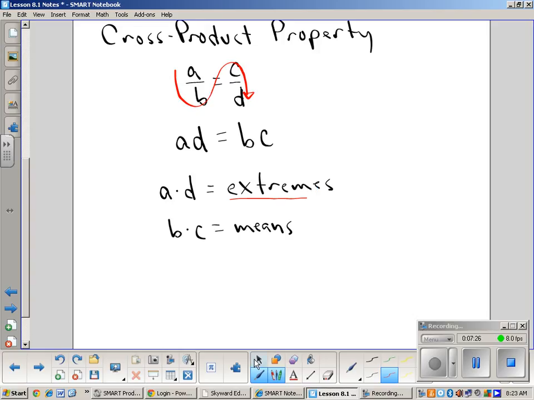Okay, so we have the means and the extremes property is the same as the cross products property.